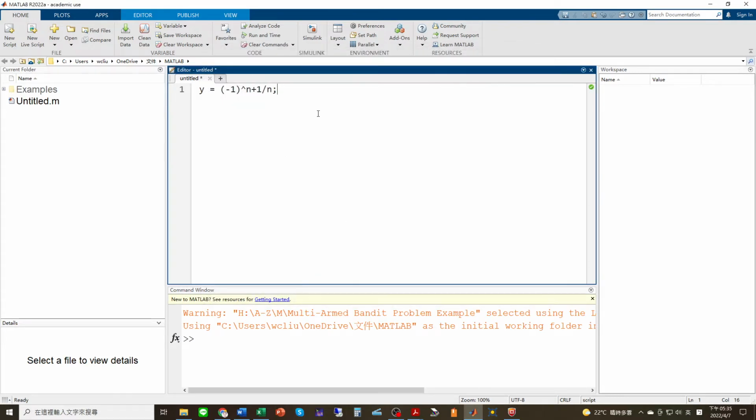Good. Let n be 1 to 100, and we can plot n and y.